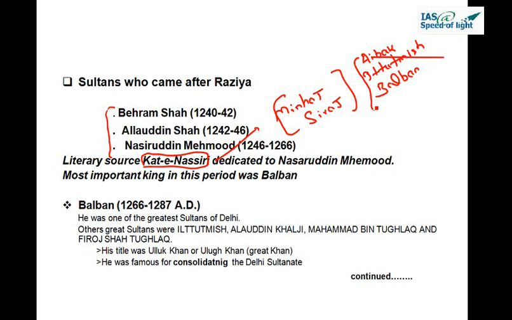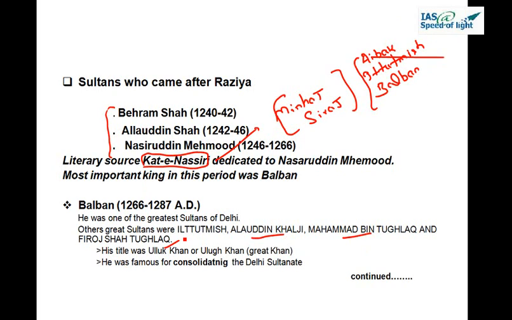He is regarded as one of the greatest sultans of Delhi, and other great sultans are Iltutmish, next we will see the Khalji dynasty, Alauddin Khalji coming, then Tughlaqs, Muhammad bin Tughlaq and Firoz Shah Tughlaq. These are the great kings or sultans whom we need to focus on.